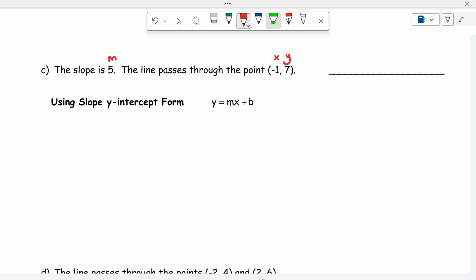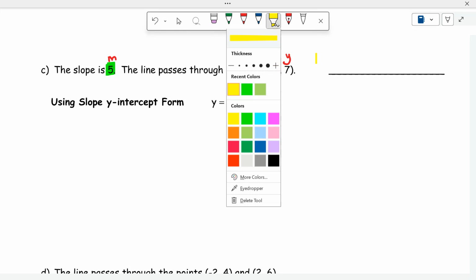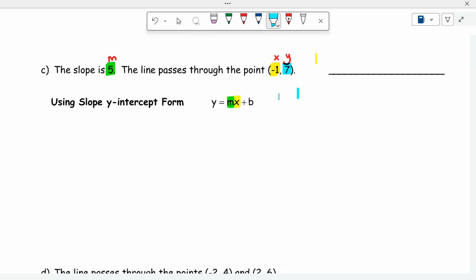You can solve, because if you put this in for m, this in for x, and this in for y, do you agree that the only thing that doesn't have something substituted in is the b? So you can solve. If you're given a slope and a point, you can use your slope and point in the formula to solve for b. So it's just a quick solving for b. So watch what that looks like.